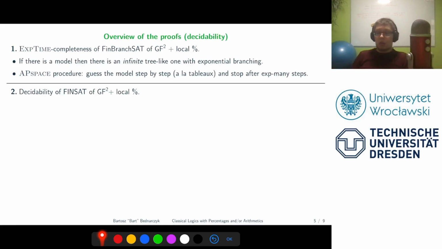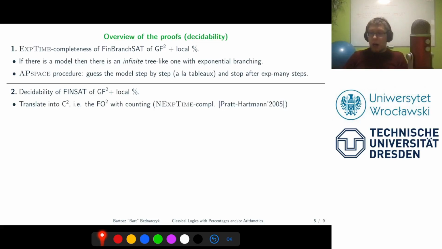That's why we would like to translate our logic into C2, which is the extension of the two-variable logic with counting quantifiers, so I can express that at least k elements satisfy phi, or exactly k elements satisfy phi. And it is known to be complete for nondeterministic exponential time.